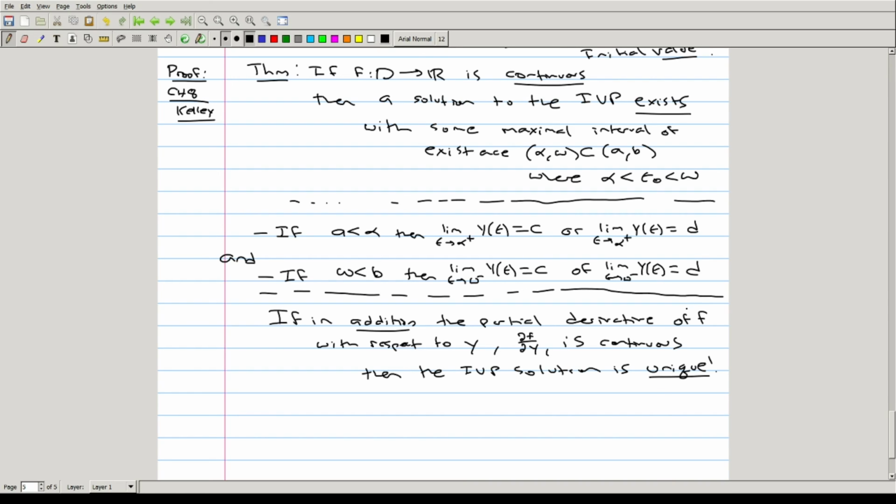And some good examples applying this theorem can be found in the Kelly book. So I recommend looking in the Kelly book and looking at example 1.4 and example 1.5.